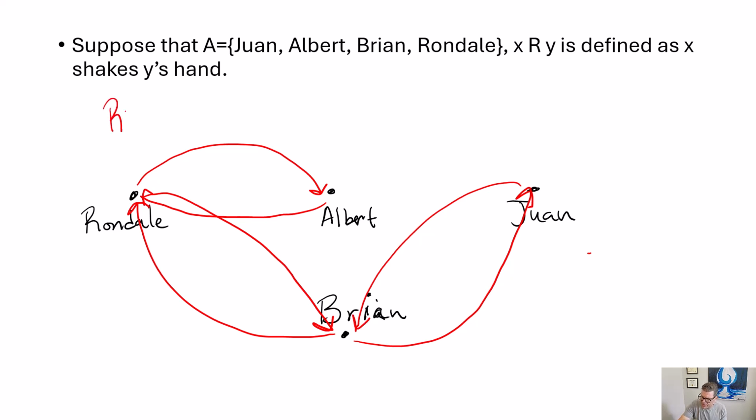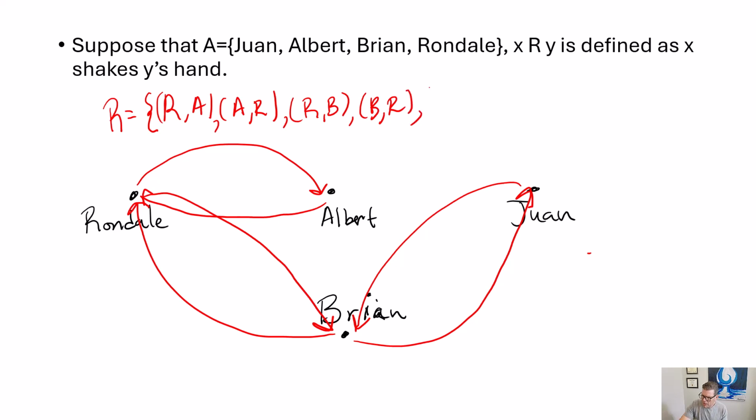If we set up our set R, it's going to look like this. It's going to have RA, AR, RB, BR, BJ, and JB to represent all of our different relations.